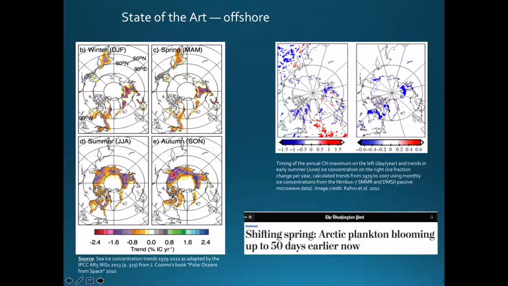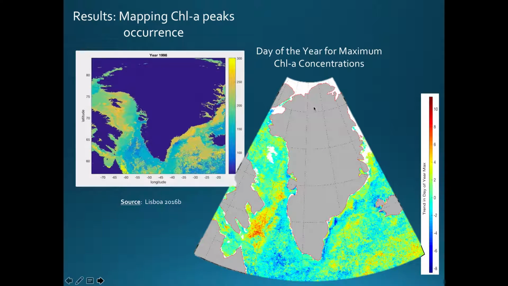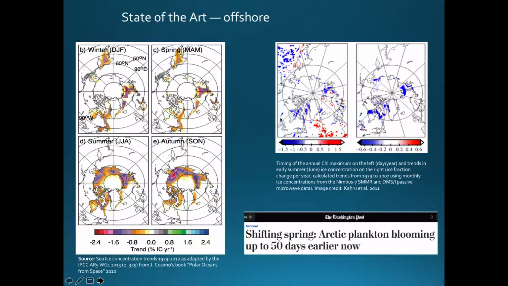So basically the ice disappears sooner in the year, and that relationship has already been approached by a very good article that actually had an impact on the popular press, in the Washington Post, actually quality press if we can call it that.